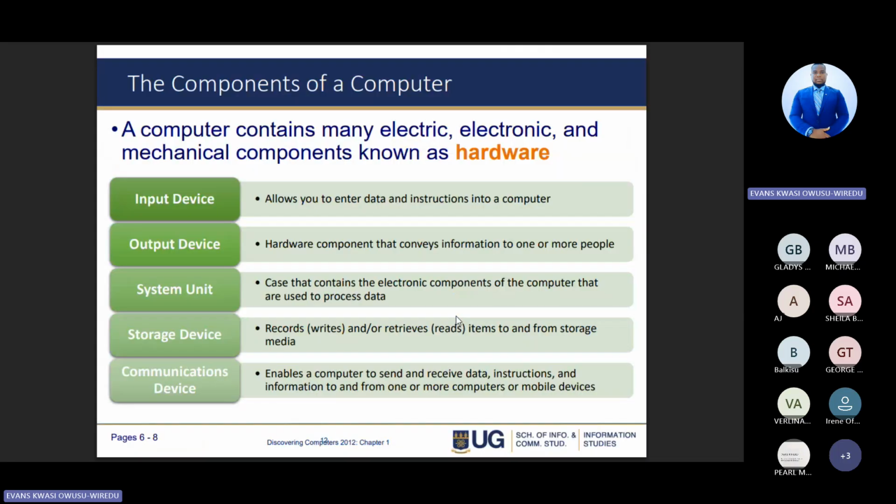Okay, let me talk about the last one. A communication device enables a computer to send or receive data, instructions and information to and from one or more computers or mobile devices.